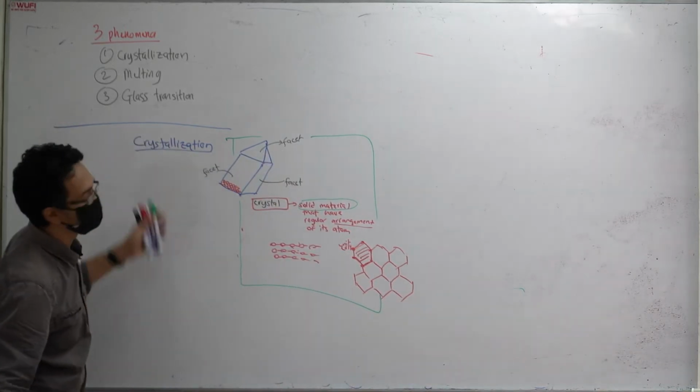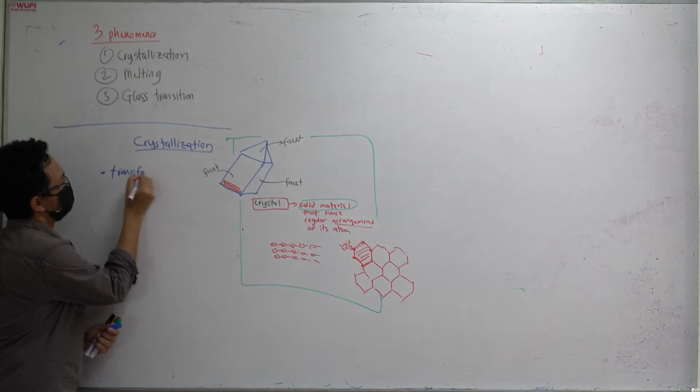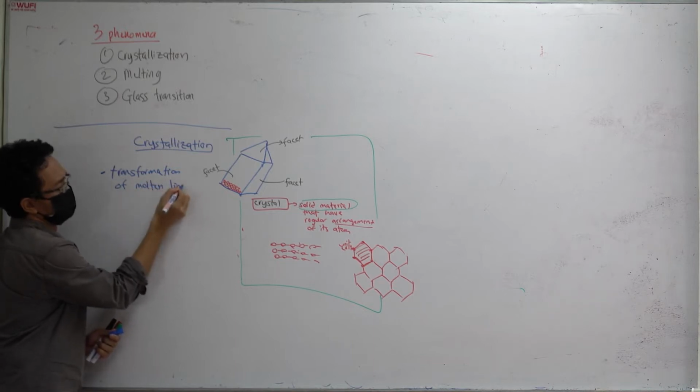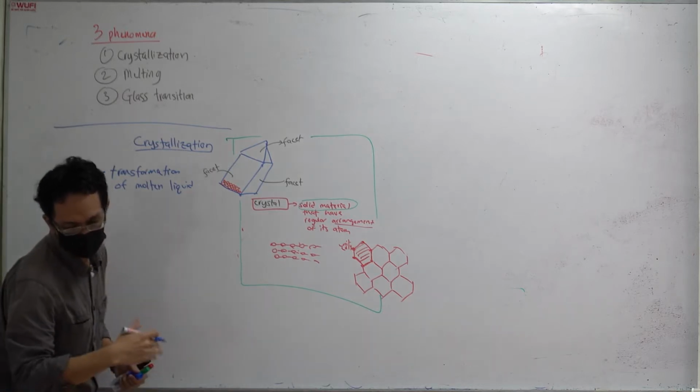Okay. So crystallization in polymer is basically the transformation of molten polymer, molten liquid, into what we call liquid melt.